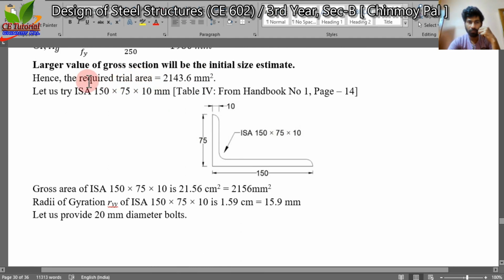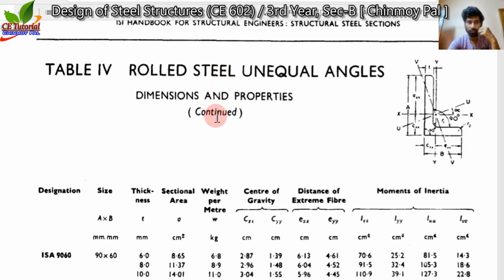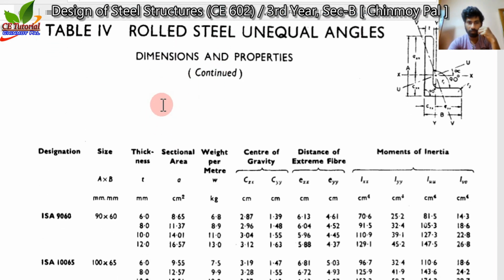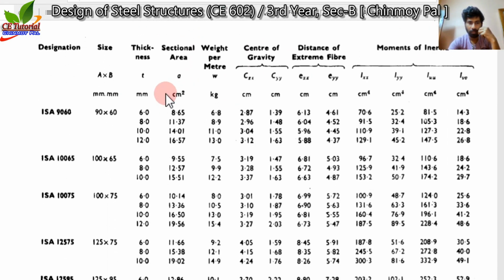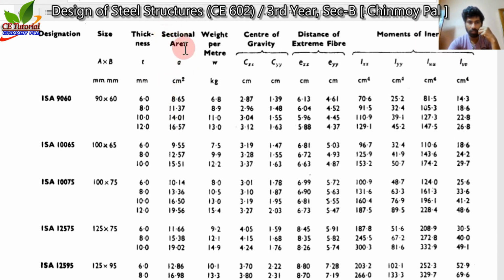Now we have to follow the handbook. This is table 4 for rolled steel unequal angles. We are providing an unequal angle section, and you see this is the sectional area.